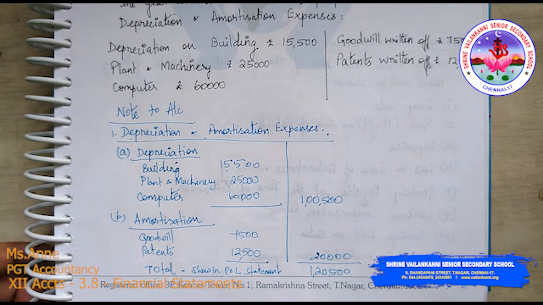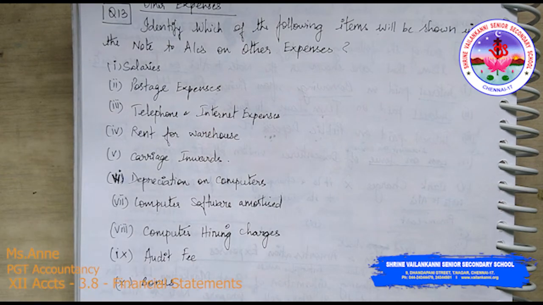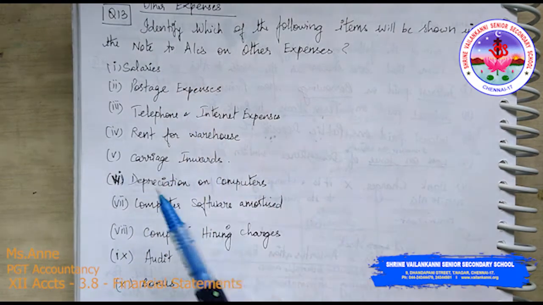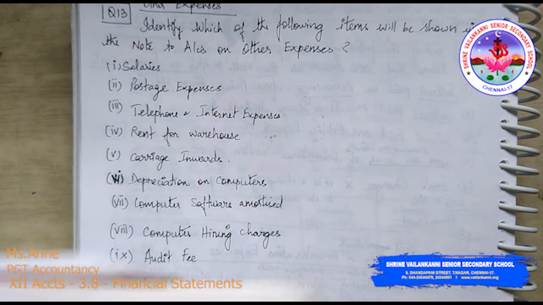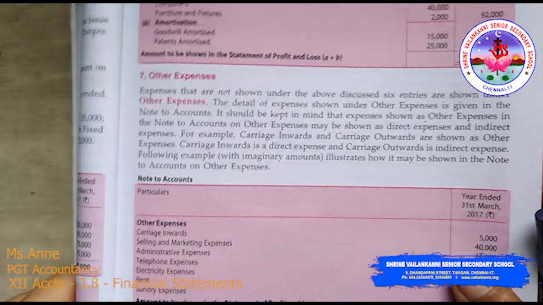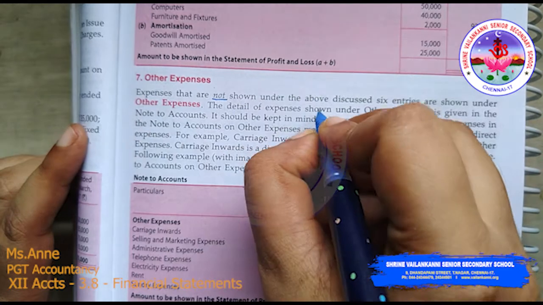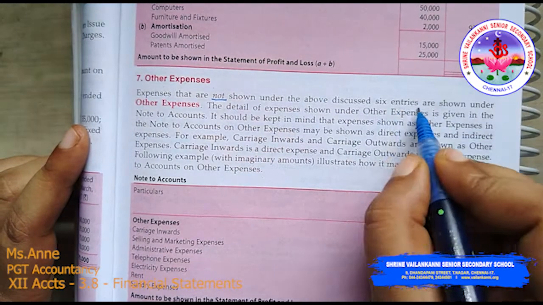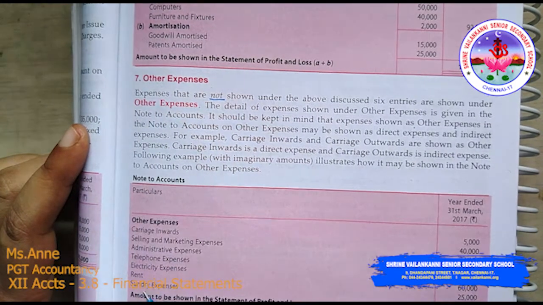Okay, the next sum. Next we are going to discuss other expenses. Before discussing the problem, let us first understand what other expenses are. Expenses that are not shown in the above six entries in the P&L are called other expenses.